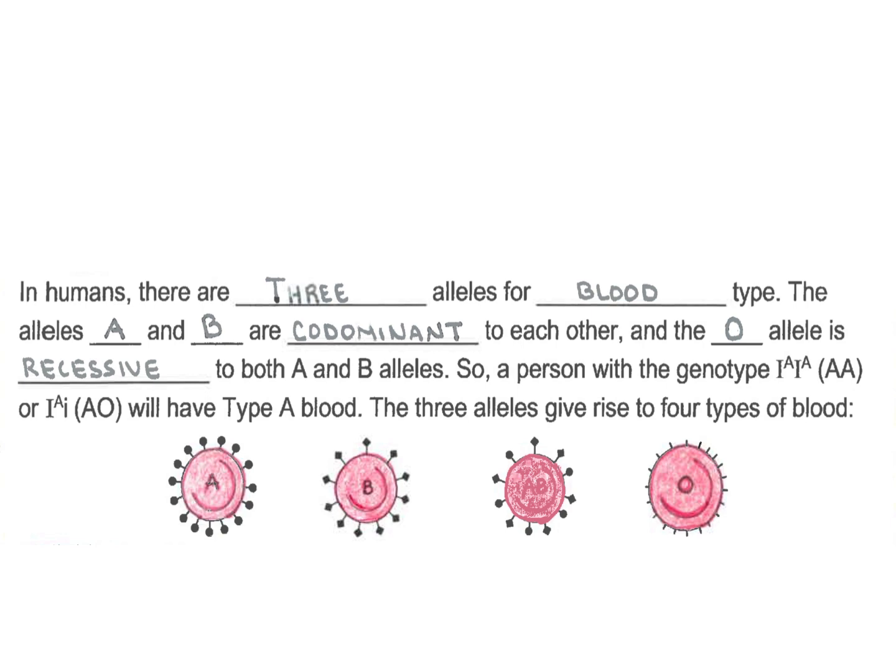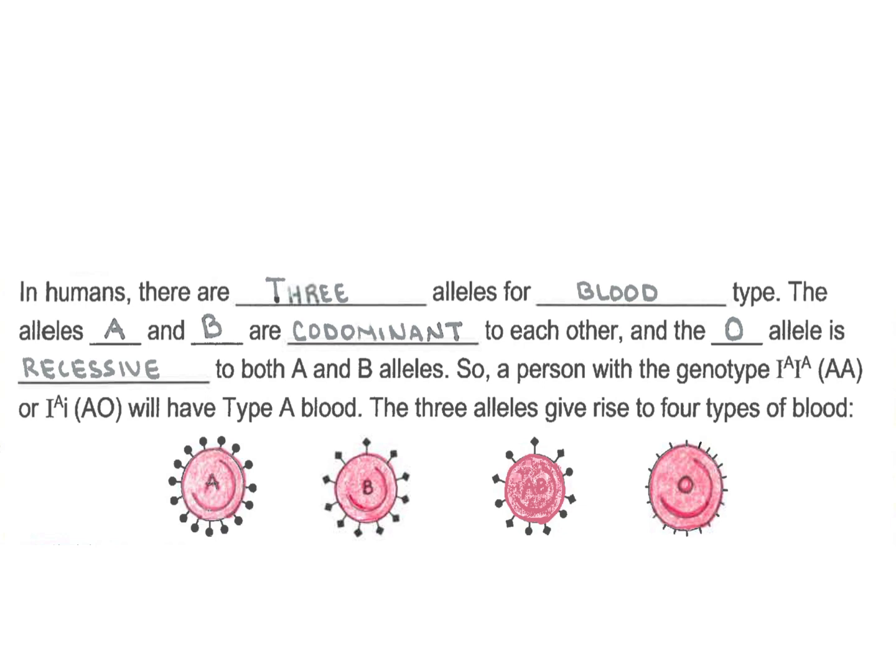We're going to see that complete dominance and codominance both play a part in the inheritance of blood type. So we know that A and B are codominant to one another, but they're both dominant to the O allele, which is the recessive allele.